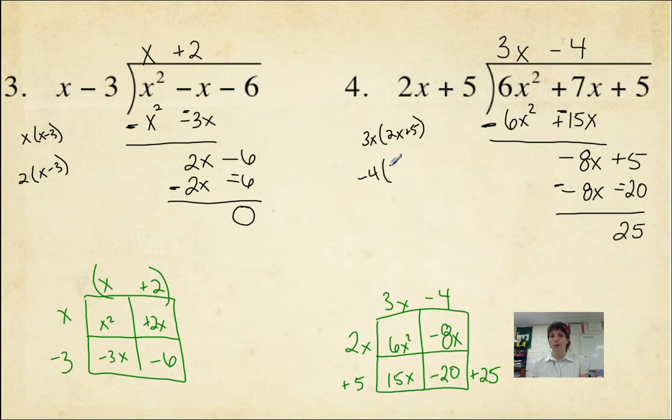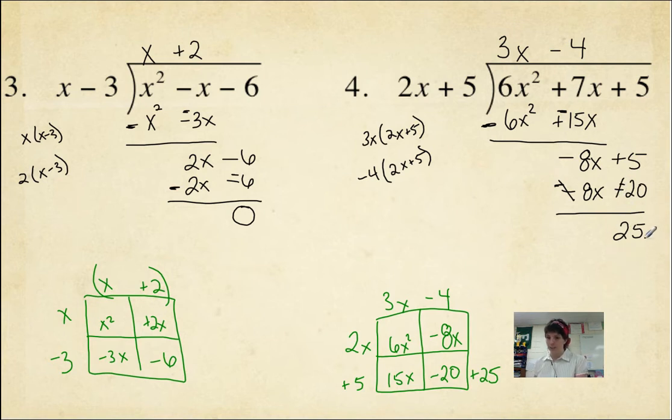So negative 4 times 2x plus 5. We distribute. That's negative 8x minus 20. We subtract. Remember, these double subtractions become additions so that we get a 0. And then positive 5 minus a negative 25. That's a positive 25.